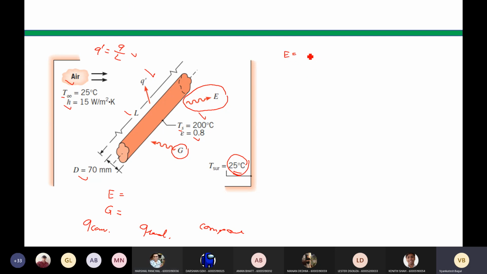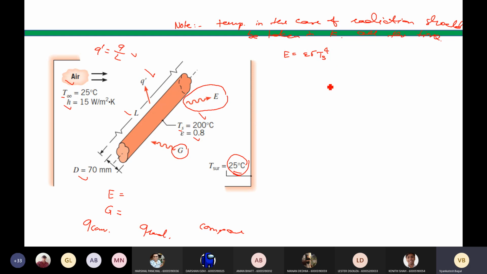So E is epsilon sigma Ts raised to 4, right? Now you should note down this. The temperature in the case of radiation should be taken in Kelvin all the time. We will follow this guideline.